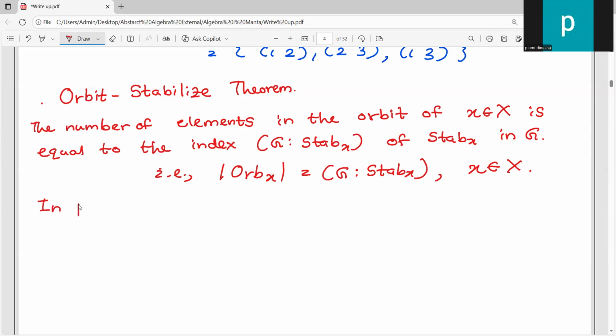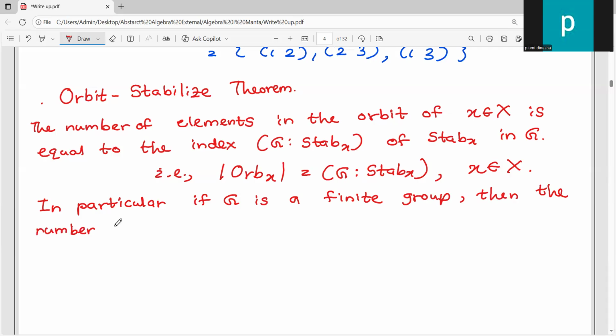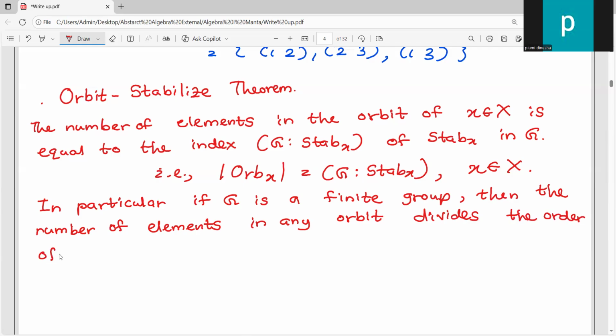So let me write, in particular, if G is a finite group, then the number of elements in any orbit divides the order of G. In other words, for any element x that you take from the set X, the order of its orbit will divide the order of the group G.